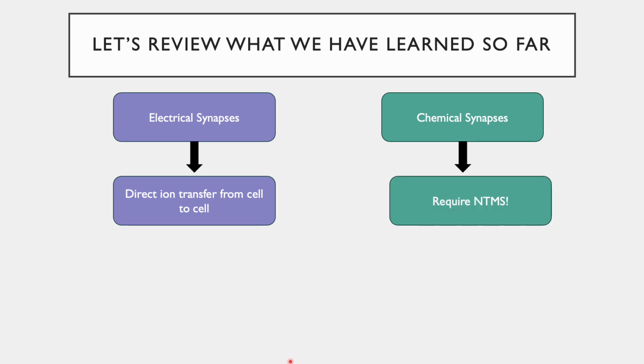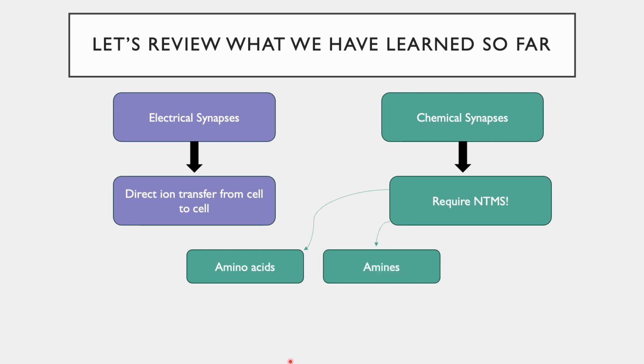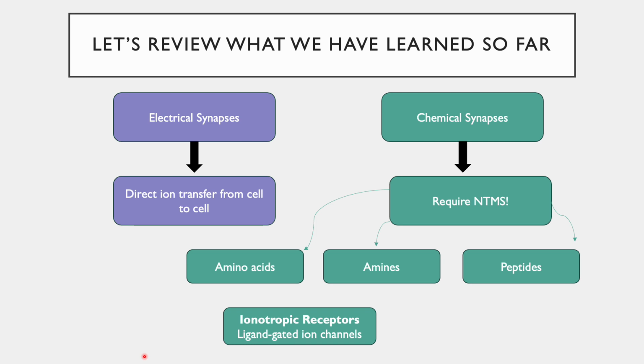Chemical synapses require neurotransmitters, and we've talked about 3 key subtypes, including amino acids, amines, and peptides. Now that we have learned about these 3 classes of neurotransmitters, we're going to talk about 2 different key receptors. We've already talked about the neurotransmitter receptor, which is known as ligand-gated ion channels.